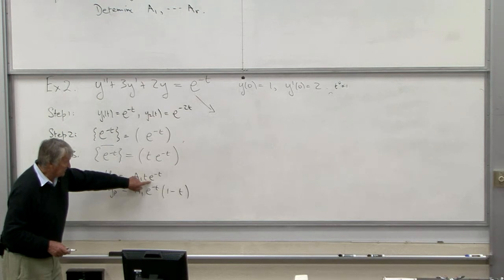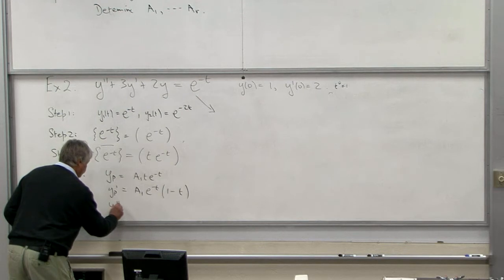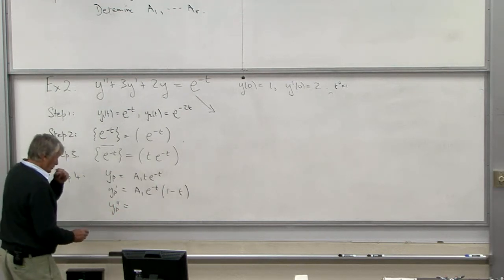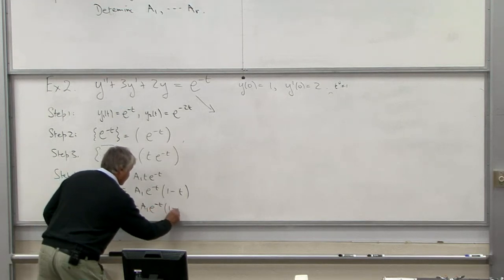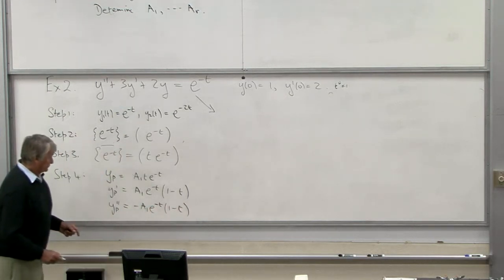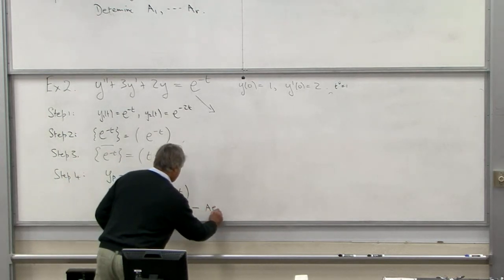When I differentiate the e to the minus t, I get minus t e to the minus t. y_p double prime equals, excuse me, minus a1 e to the minus t times 1 minus t. Then the first times the derivative of the second, which would be minus a1 e to the minus t.